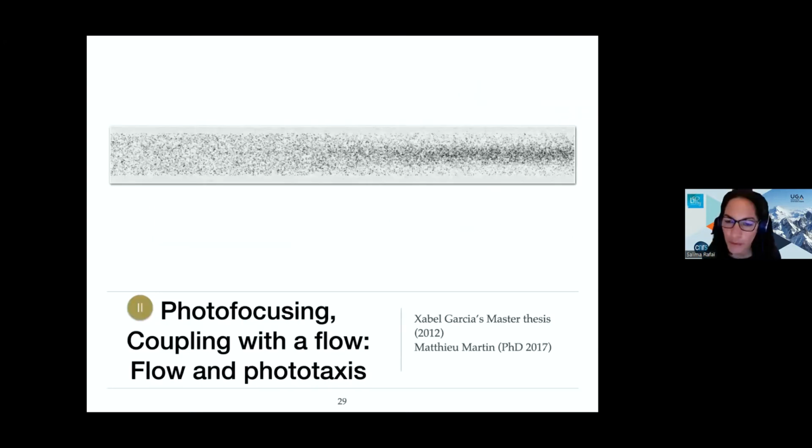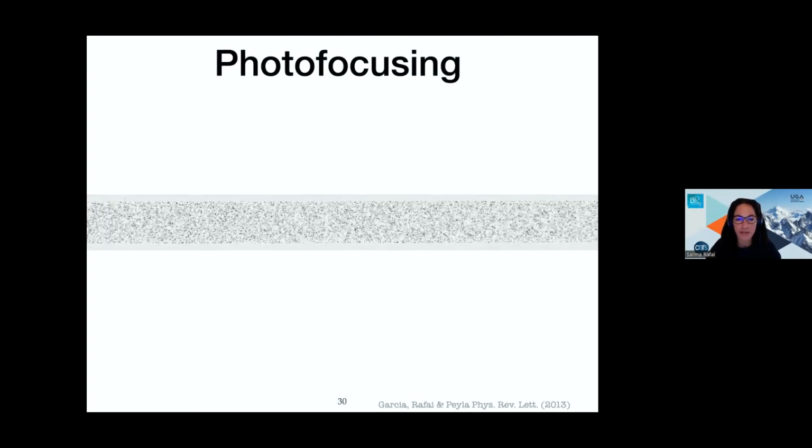So now if we go a little bit beyond, just coupling this system with a very simple flow, I will try to show you what we call photofocusing, so coupling with the flow and phototaxis. This was the work of Mathieu Martin during his PhD and Chabel Garcia during a master thesis a few years ago.